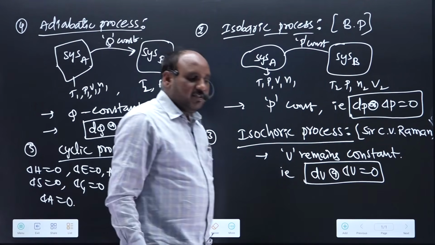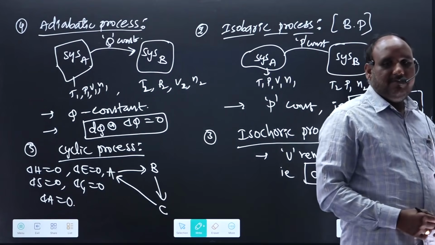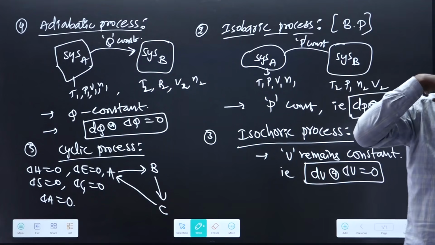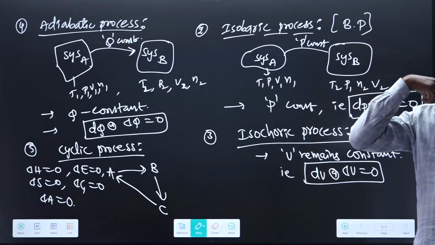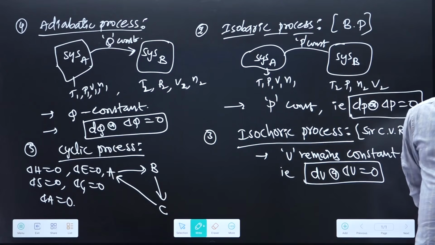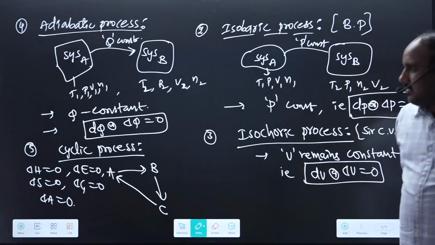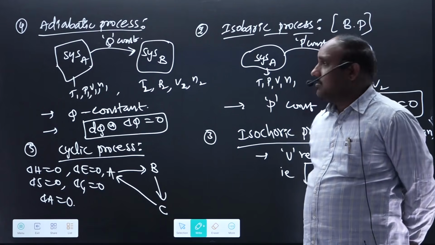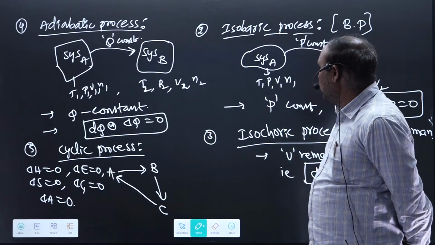Write a statement there: the change of thermodynamic property becomes 0 when the process is carried out in a cyclic manner.